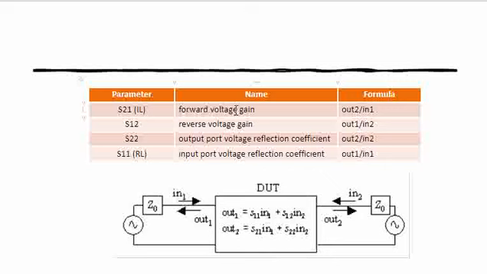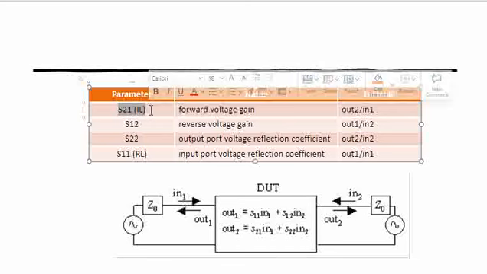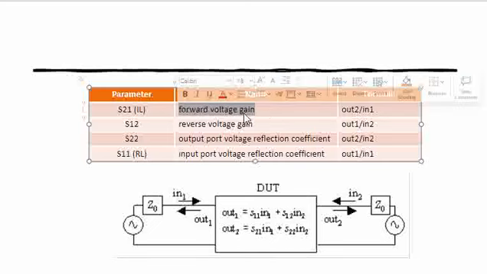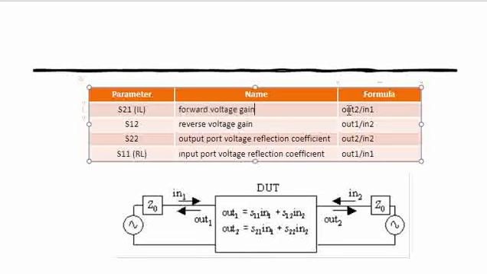And this is also called insertion loss. Right now we are talking about the gain. This S21 parameter can be shown in terms of loss. We will talk about how to mention that in the next videos. But S21 can be mentioned in terms of losses, which we call an insertion loss. Here we are calling it forward voltage gain, for which it is a ratio of output by input.